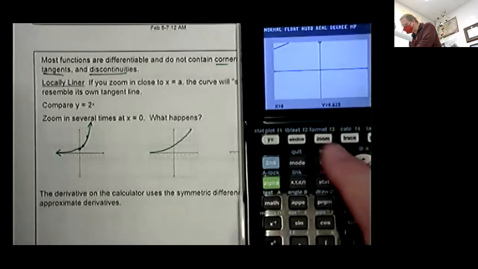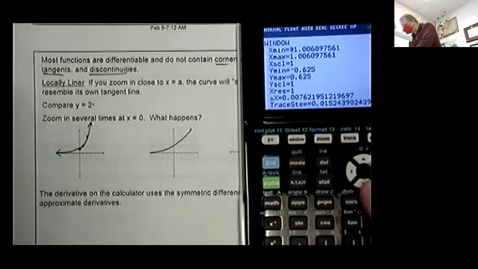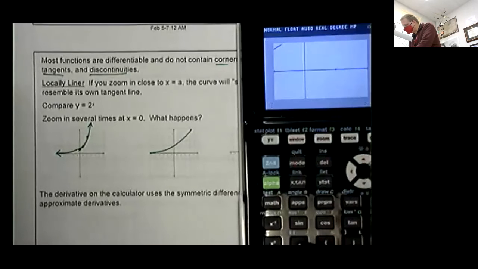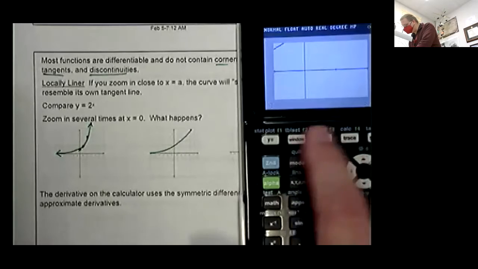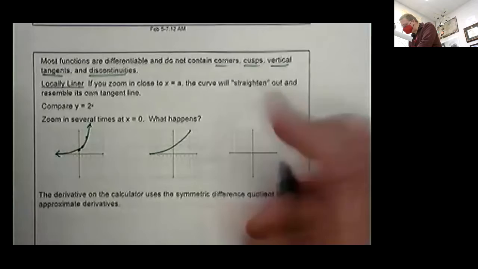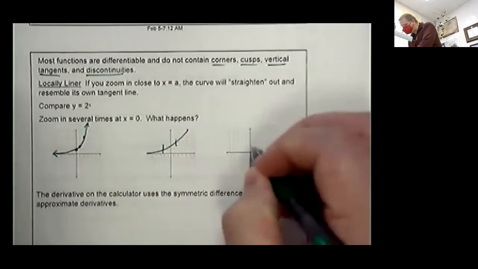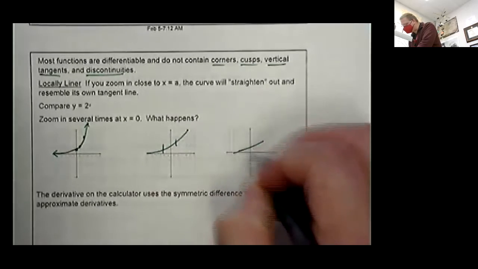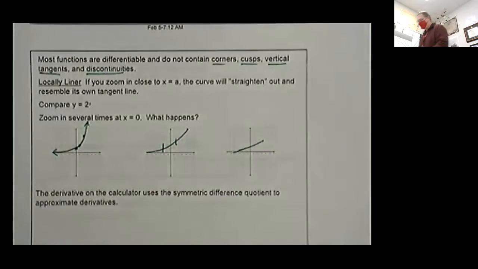I lost my window, and I did the wrong one. But anyways, keep zooming in. If we take slices and keep zooming in, that curve gets straighter and straighter.